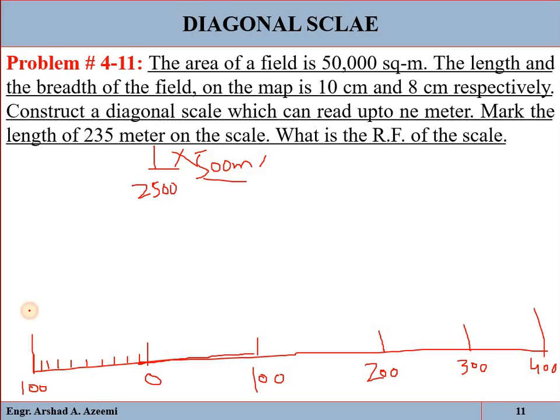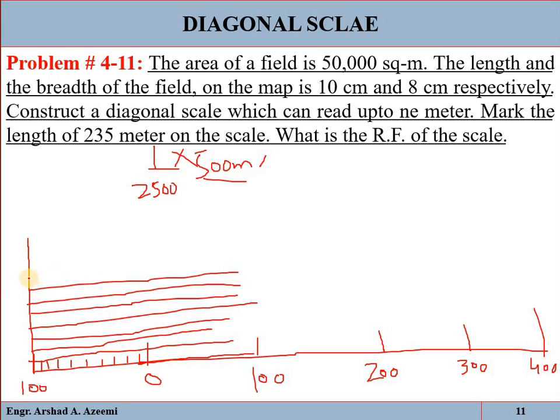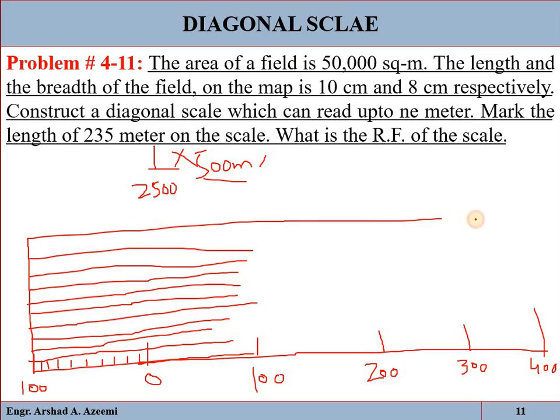Draw here a vertical line, divide it into 10 equal parts: 1 2 3 4 5 6 7 8 9 and 10. See, the 100 meter portion is divided into 10 parts, so each will represent 10 meter.